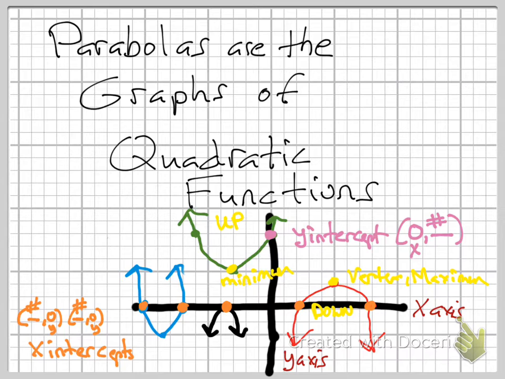So we have our X-intercepts, our Y-intercept, our vertex being minimum or maximum, and the other characteristic you're going to be looking for is the Axis of Symmetry. That would be a line that cuts the parabola into halves. I'm not going to draw it for the black one down here. So that would be the Axis of Symmetry.